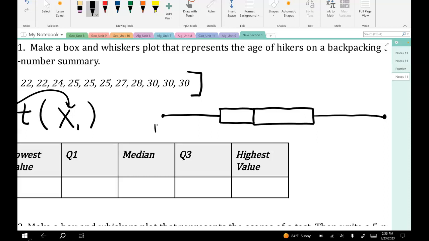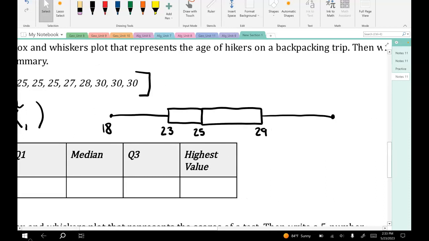Right here would be 18, your lowest value. Here is 23. Right here is 25. This is 29. And this is 30. And those are the same 5 numbers that go in your 5-number summary: 18, 23, 25, 29, and 30.